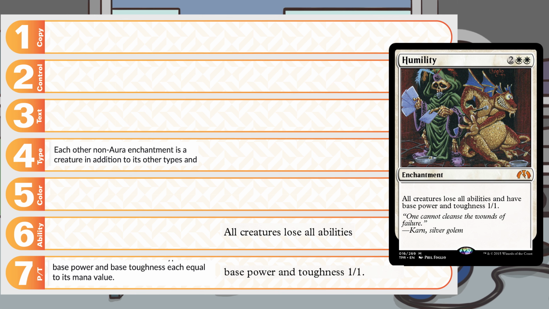And this is, to Charles's point, where it comes down to timestamp. So Humility is either a 4/4 with no abilities or a 1/1 with no abilities, depending on whether Opalescence or Humility came down last.